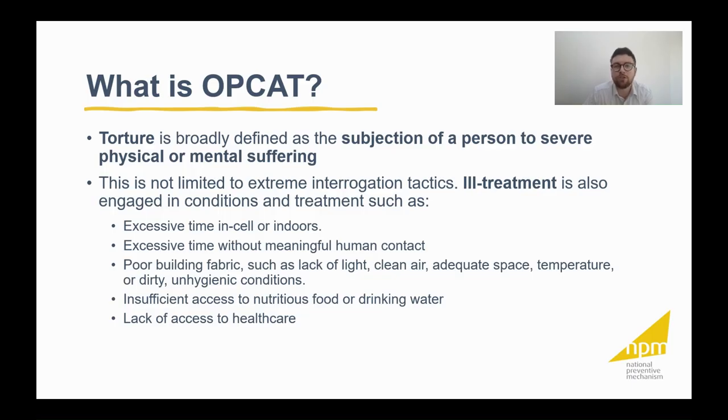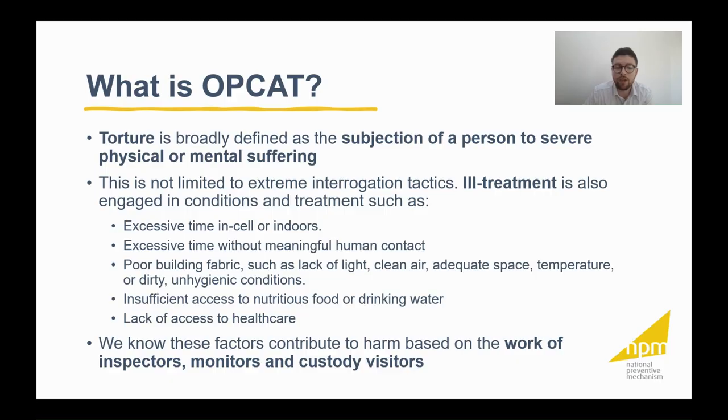Excessive time in cells or indoors, excessive time without meaningful human contact, poor building fabric, such as lack of light, clean air, adequate space, temperature, or dirty, unhygienic conditions, insufficient access to nutritious food or drinking water, or lack of access to healthcare. These are examples where ill treatment might be engaged and relevant to our scrutiny work. We know these factors contribute to harm based on the work of inspectors, monitors, and custody visitors, and your findings.